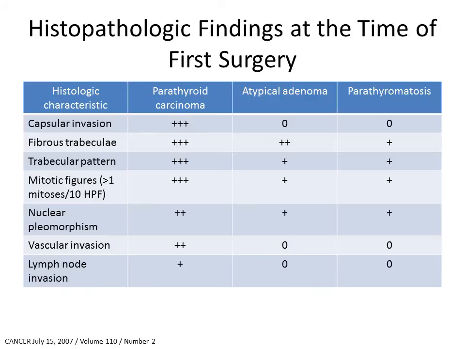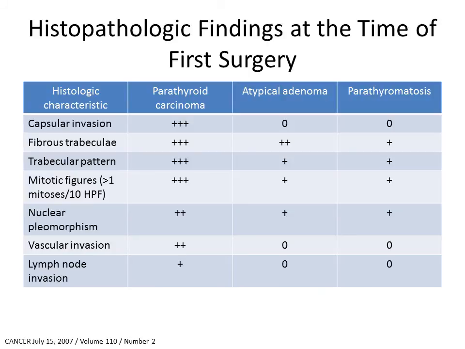So how do you differentiate an adenoma from carcinoma from parathyromatosis? Parathyromatosis is seen in patients that had a parathyroid resection, and the parathyroid tissue is seeded along the way, so the proliferation creates these little pockets of parathyroid tissue, and they can be very atypical in appearance.